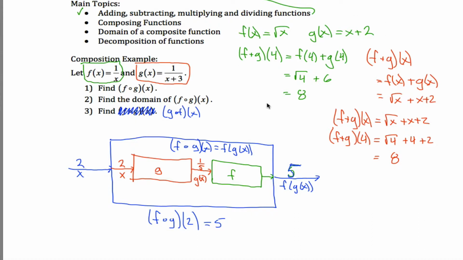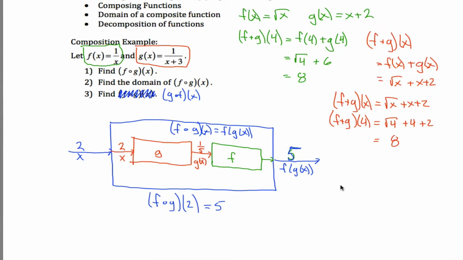That's this method. It would be nice if there was a clever way to do it like there was over here, and in fact there is. If I'm asked what is f of g of 2, I can change the question, and I can make it just like number 1 right here. Instead of figuring out f of g of 2, I could figure out f of g of x.